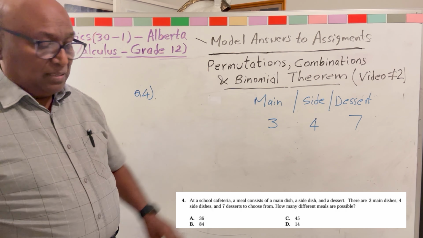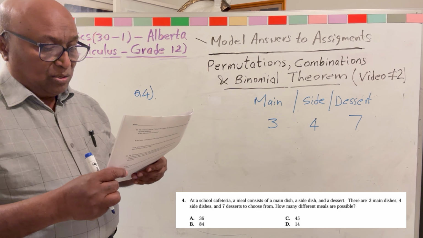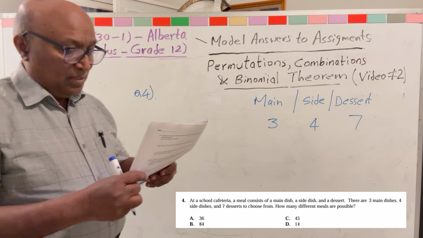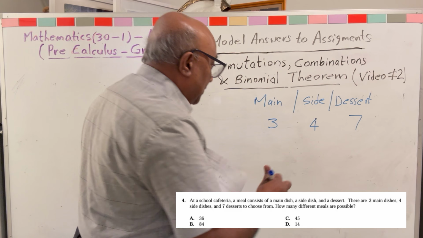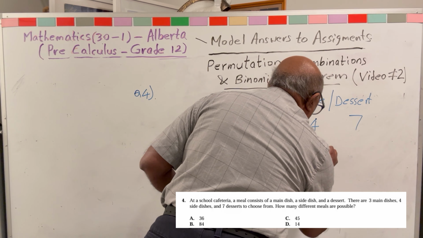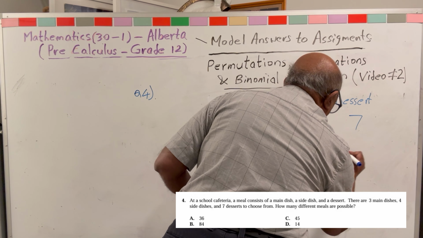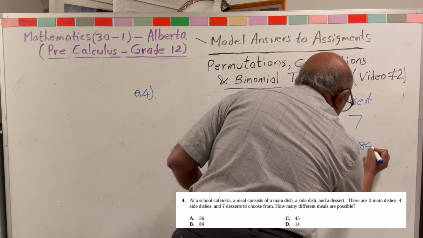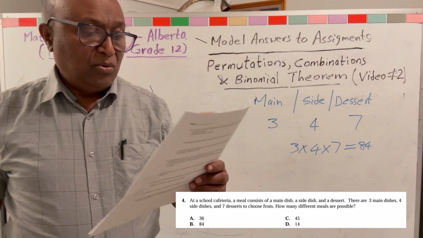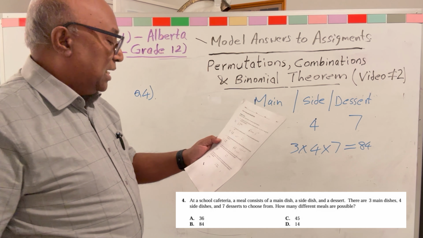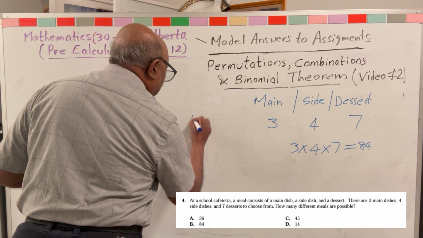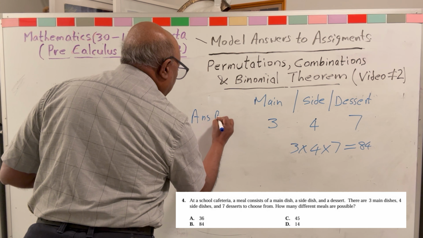The final total number of possible different meals is 3 times 4 times 7. That is 84. That means the answer is B.